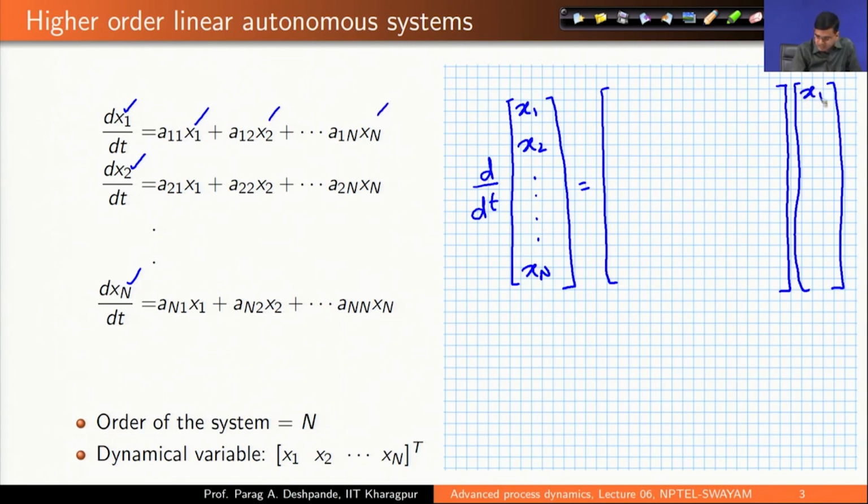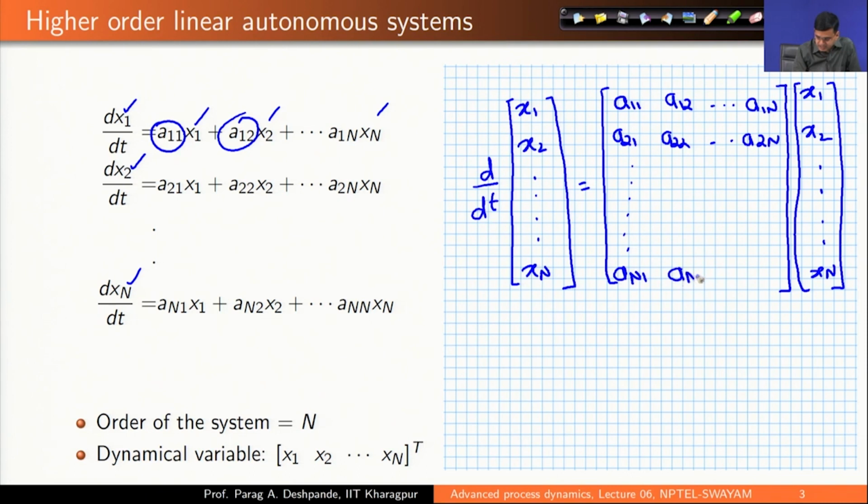So, this would be x1, x2 up to xn, and then the coefficients here, a11, a12 and so on, would go as the elements of the matrix. So, a11, a12 up to a1n, a21, a22 up to a2n and so on. So, this will be an1, an2 up to ann, right.